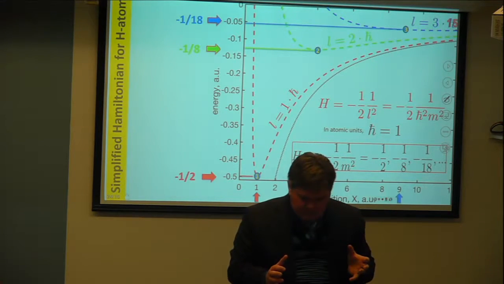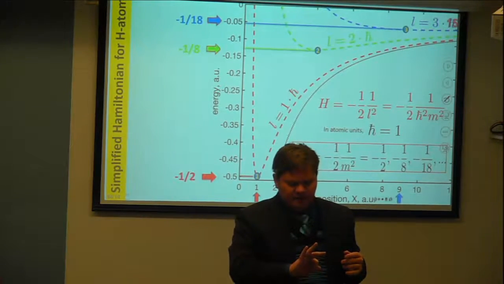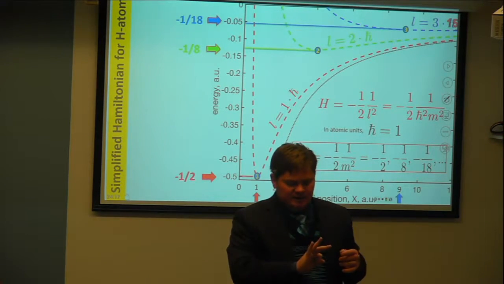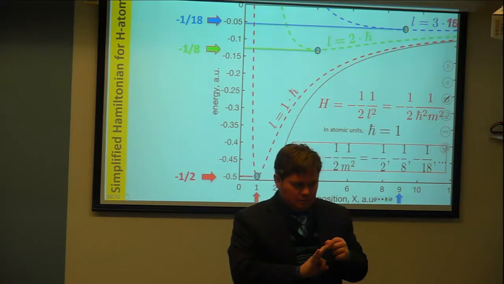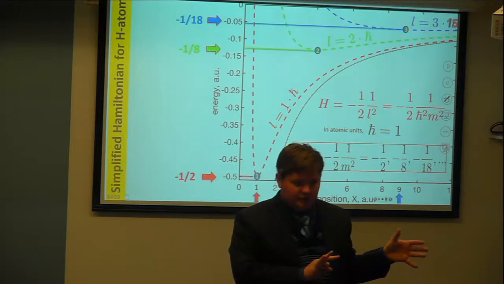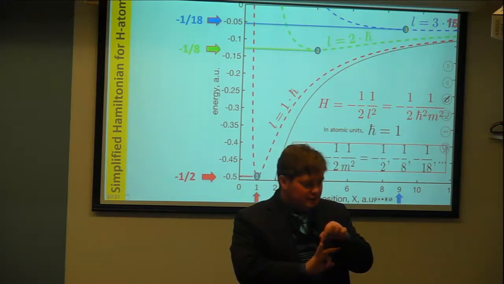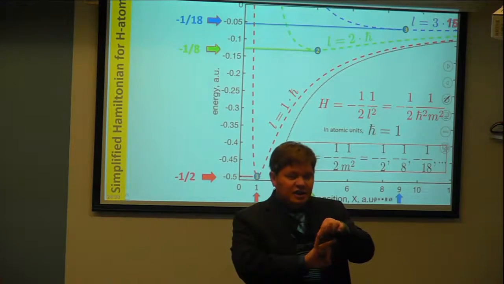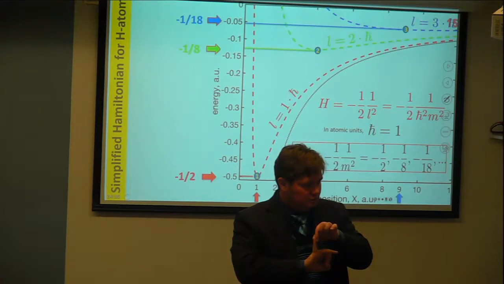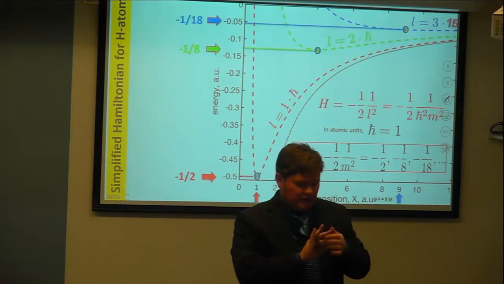The outcome of the Bohr theory is that there are 3 things that take discrete values: angular momentum, which is not a big surprise after the previous 2 lectures, the distance between electron and nucleus, and the energy of the electron. 3 things are quantized.